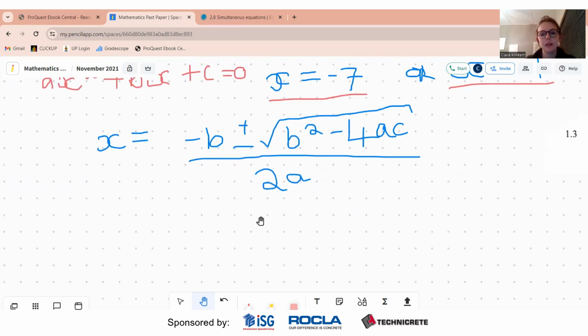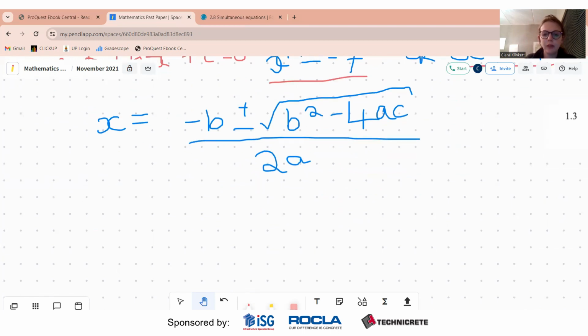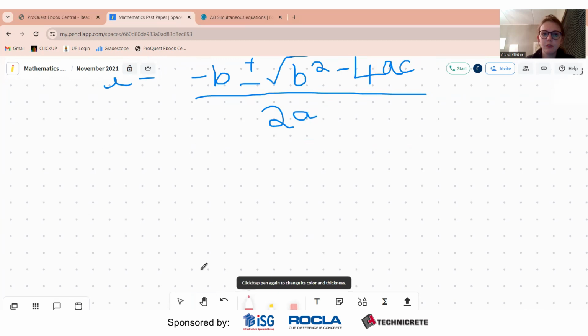Now, when we talk about the x solutions or the roots, we have three options for x.